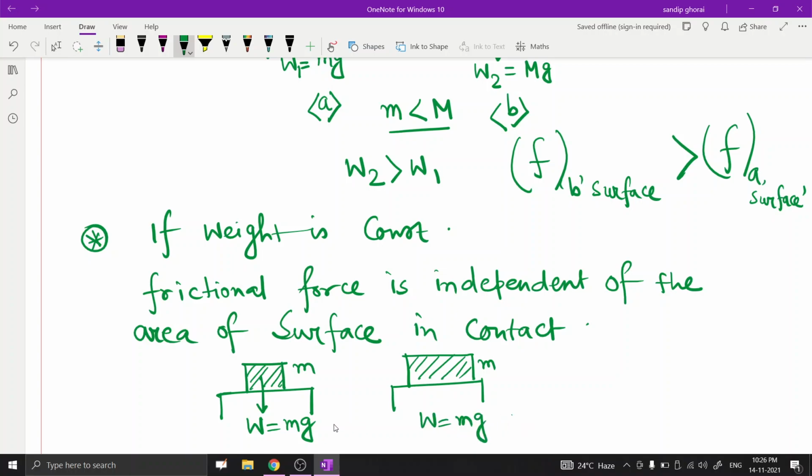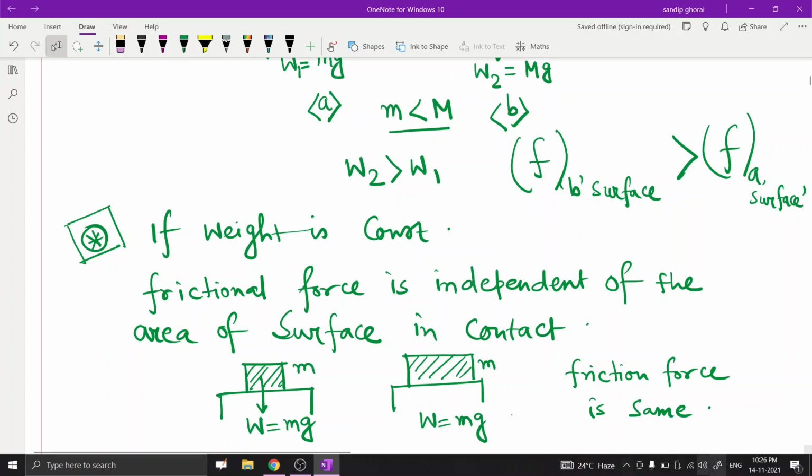That means here for two cases friction force is same. This is a very important point. Okay, that means frictional force is independent of the area of surface.